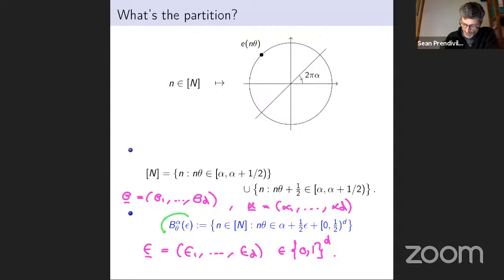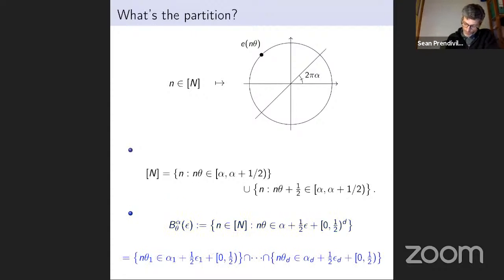So this collection of sets definitely partitions our interval into 2 to the d Bohr translates. Okay, so this isn't going to be my notation. It's hard to parse on first sight. Essentially, you don't need to worry too much about the definition, just to know that we've got some partition into 2 to the d parts corresponding to different choices of epsilon, and they have the structure of Bohr translates.